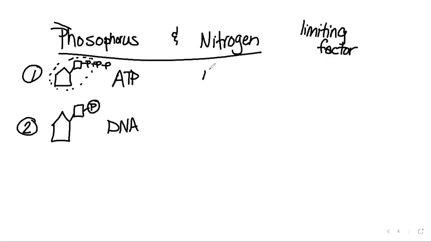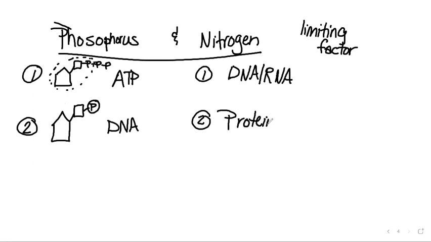All right, nitrogen, same thing, limiting factor. 2 major things that it's used for within any living organism. What are they? Amino acids. What is an amino acid part of? DNA and RNA. Now you got 2 different things there. DNA and RNA, yes. Okay. Proteins. Yeah. There you go. Amino acids are the building blocks of proteins. Okay.